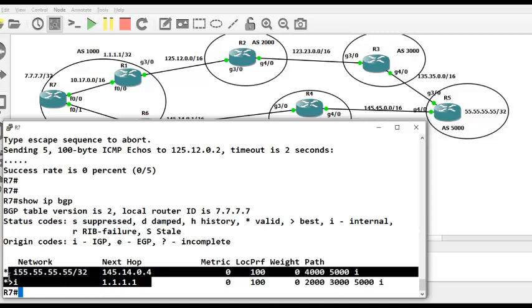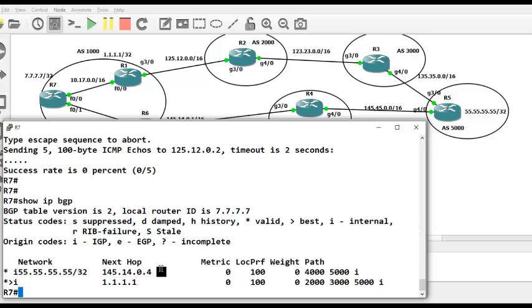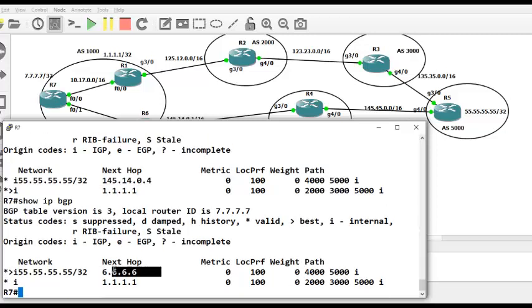Why? Because the next hop is unreachable. But if you leave some time, okay, now you see the next hop is changed. Now you see the best is different. Earlier the best was here, but the best is now via 6. You know why? Because of fewer hops, shorter AS path.